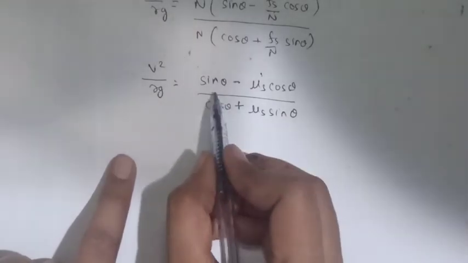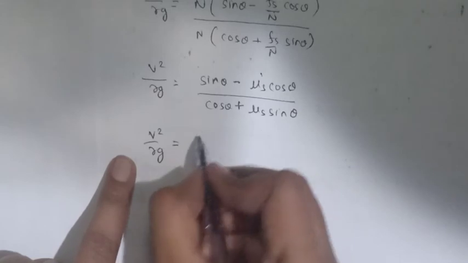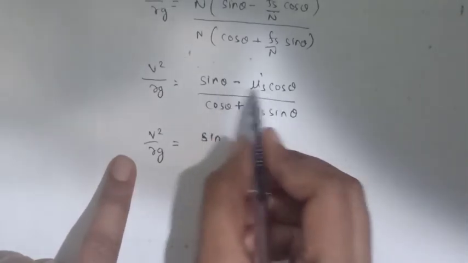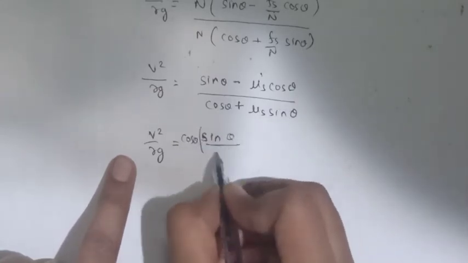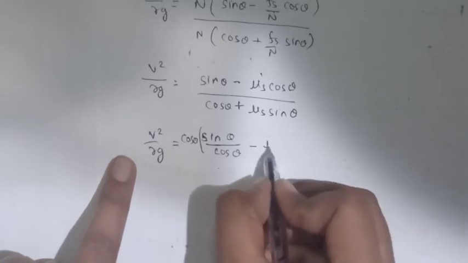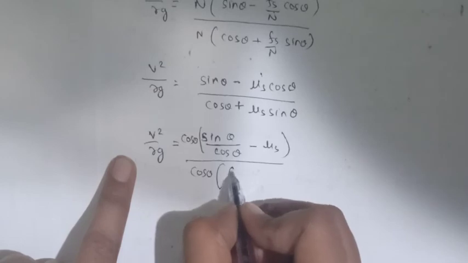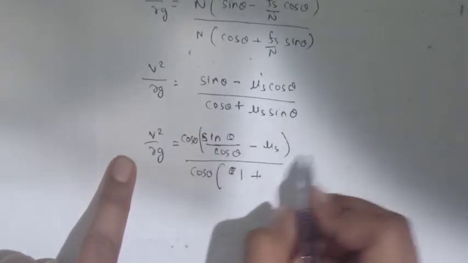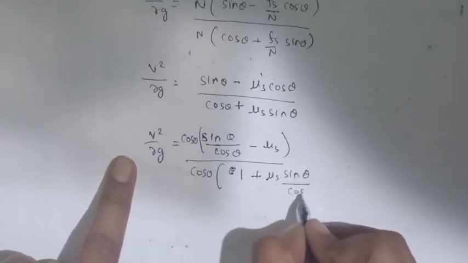Now you can simplify it further by taking cos theta common. So you will get v square by rg equals cos theta times sin theta by cos theta minus mu s, divided by cos theta times 1 plus mu s sin theta by cos theta.